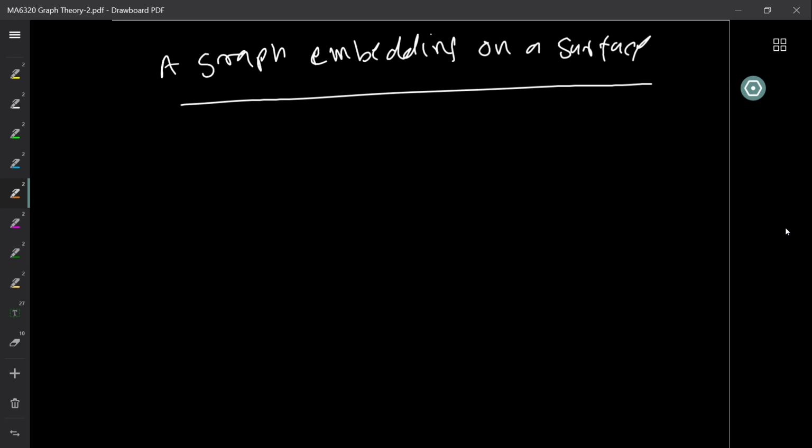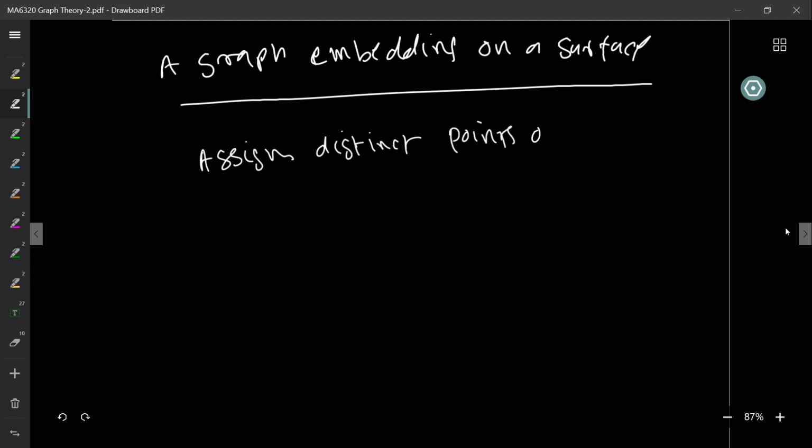So if you take some surface S, then you want to assign distinct points on the surface to vertices of the graph.